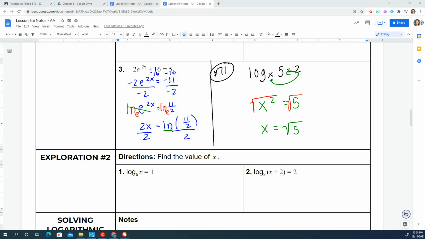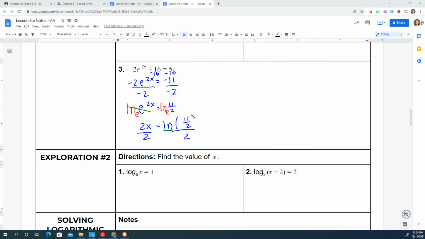Okay, there's another good problem. Let's look at 76 quick. So this one says, if 20 equals 3 to the power of x, which of the following expresses x as a base 10 logarithm? That's my common base.